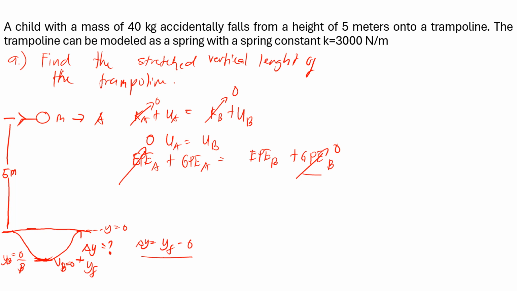In short, GPE A is equal to EPE B, wherein the gravitational potential energy at point A is totally converted to elastic potential energy.